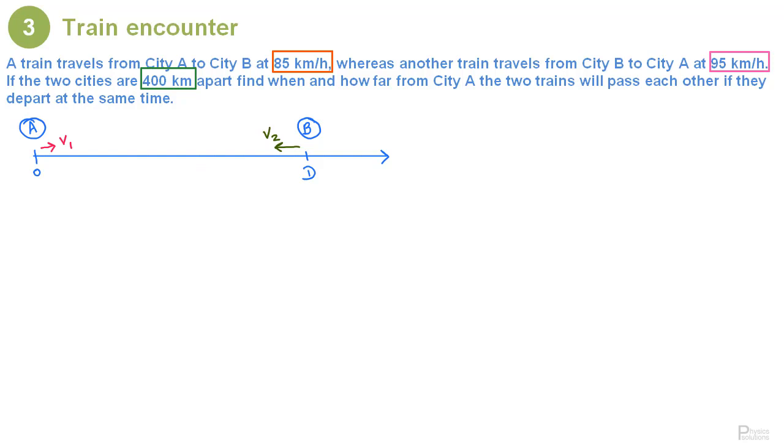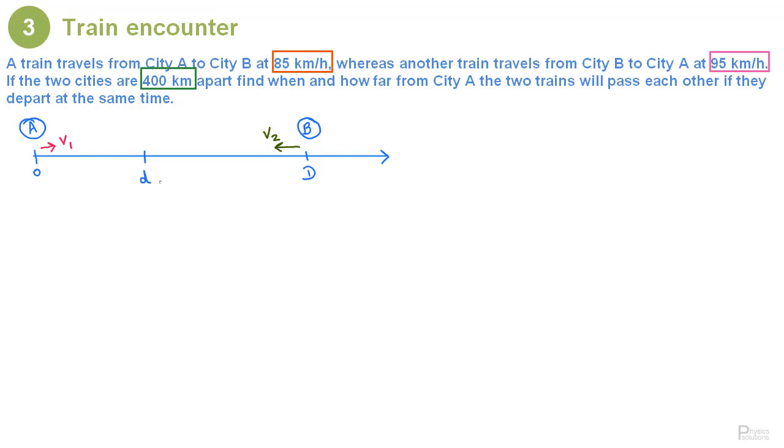Of course, we know that these trains will meet somewhere, so they will pass each other somewhere. We don't know where. Let's just put it here and call that distance d, so the coordinate will be d measured from 0, the location of city A. And that's our cartoon. That is the situation, and now we can start writing equations.